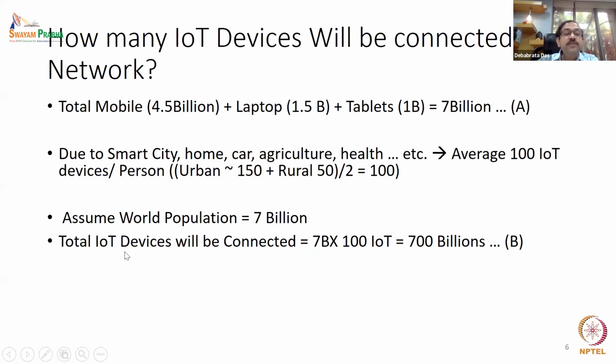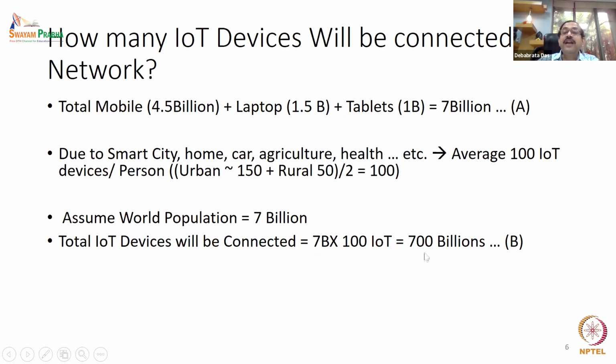So 7 billion, so total IoT devices connected to the network will be 7 billion into 100, which is equal to 700 billion. Please try to understand. We are now only 7 billion human beings using the network, and this is 700 billion in the next 10 years maybe.